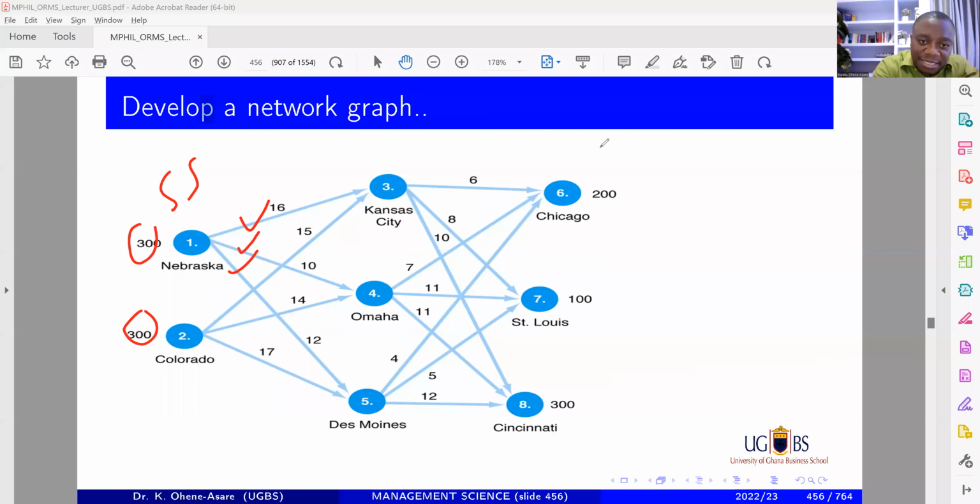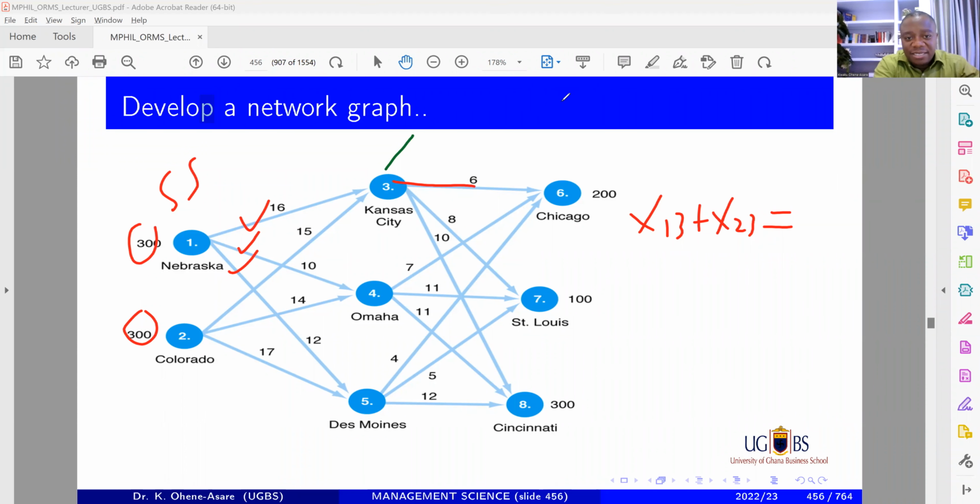So let's take node 3. How many arcs are entering Kansas City? It's 2. Which are the arcs? First of all, you have x13 plus x23. They are entering it. Then that should be equal to the arcs that are leaving it. Which arcs are leaving it? Check it carefully.